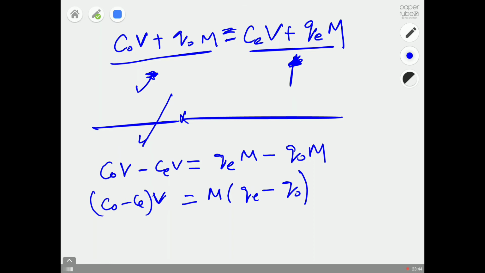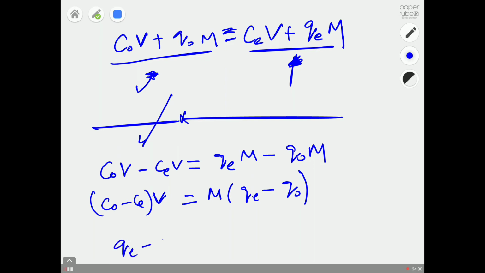So what to do now? QE minus Q0, Q0 minus QE into M. I think I'm not making any mistake.